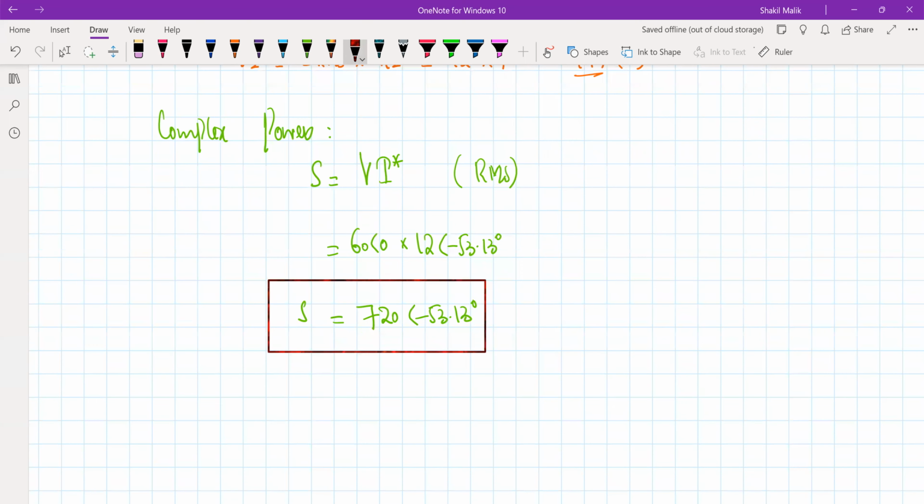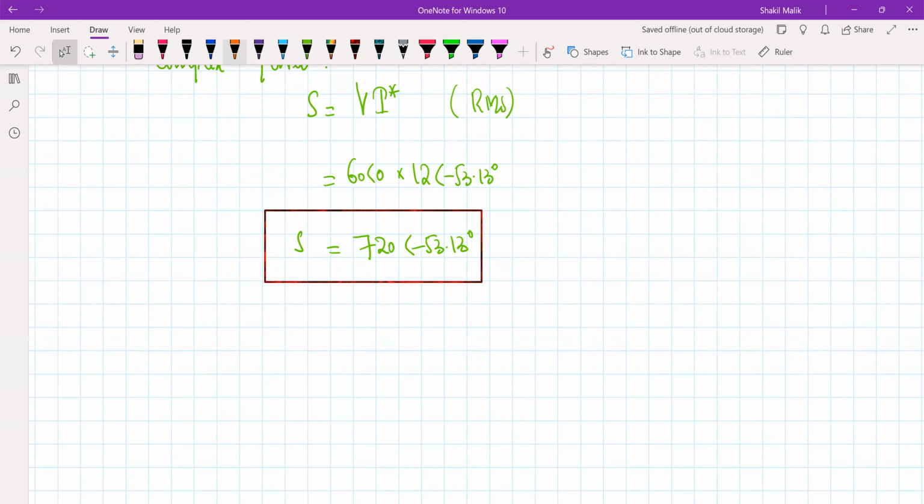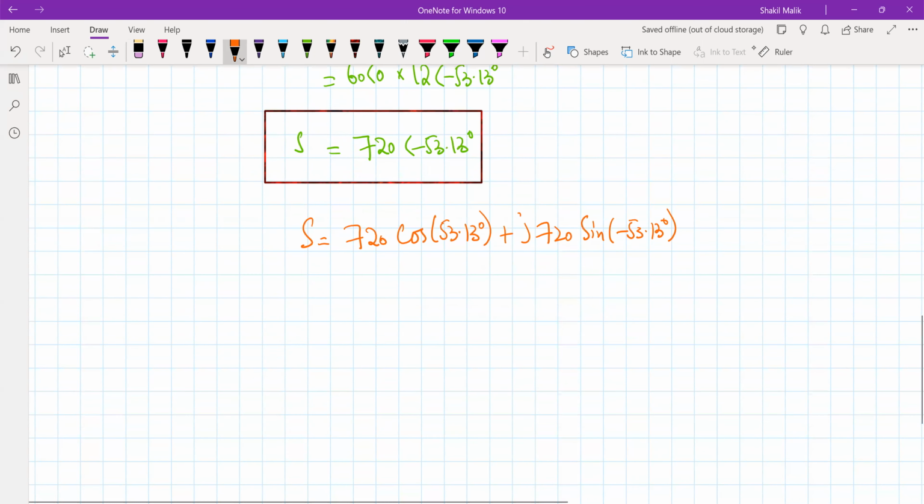Now, the complex power we can express as S equals 720 cos 53.13 plus j 720 sin of minus 53.13 degrees. So how much will this be? I think this will be 432.